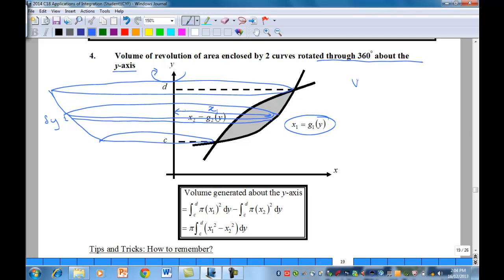Therefore, the volume generated when we revolve the area between the y-axis and the outer curve about the y-axis will be the integration from c to d of pi r squared, where r is x1, so pi x1 squared dy. So this is the volume of the bigger solid.